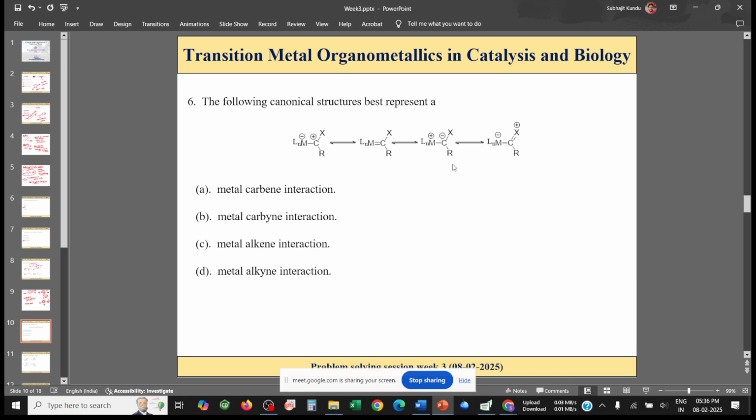As we have seen, the neutral structure is structure number 2. This is 1, 2, 3, 4.